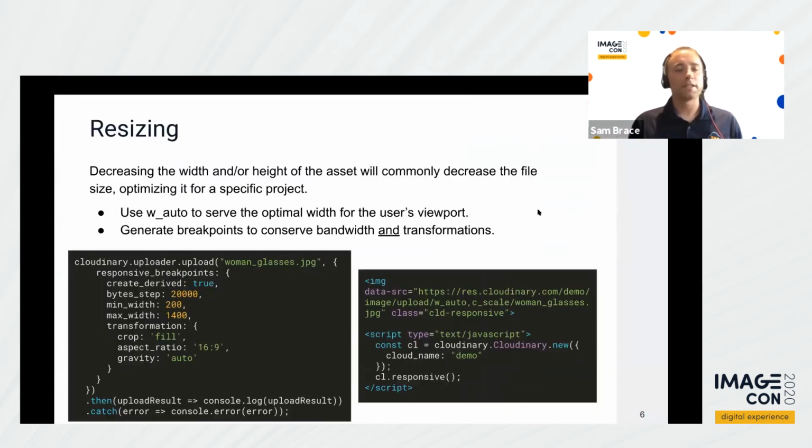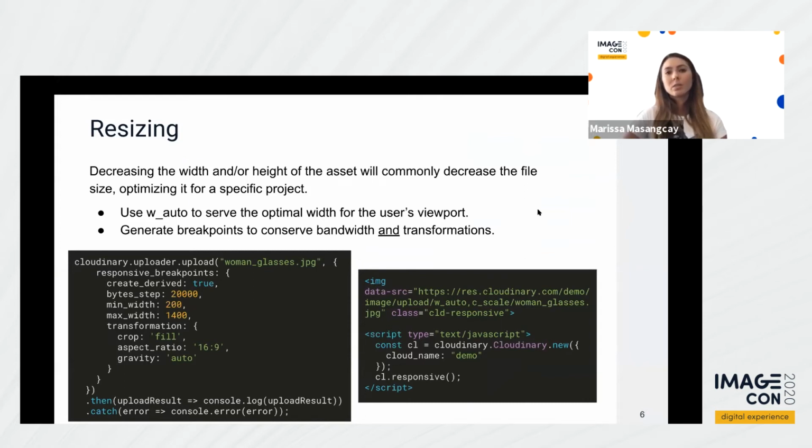Marissa, is there any other thoughts that you have about resizing before we move on to the next topic? I would just want to emphasize that this is something you definitely want to try and use in some shape or form, whether it's with the breakpoints or w_auto. There are so many different sizes and viewports nowadays and different DPRs that are supported with different devices.